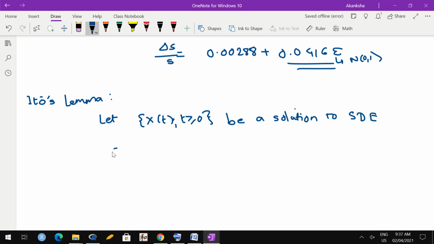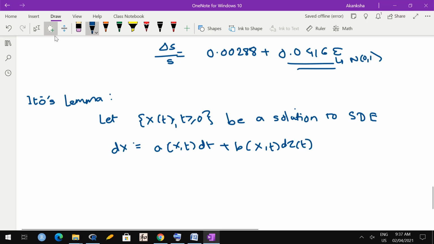That is dx = a(xt) dt + b(xt) dzt. This was the original Ito process equation.